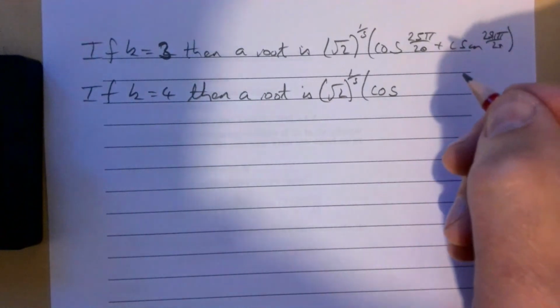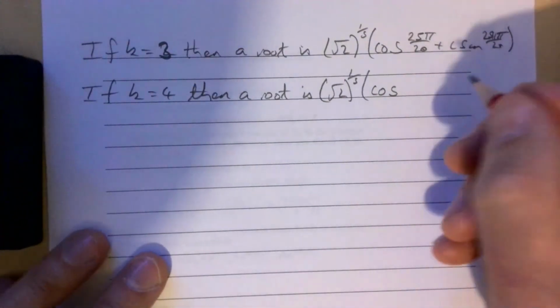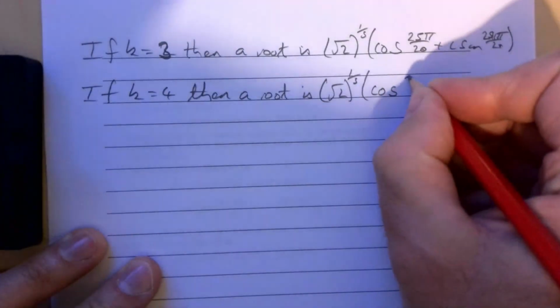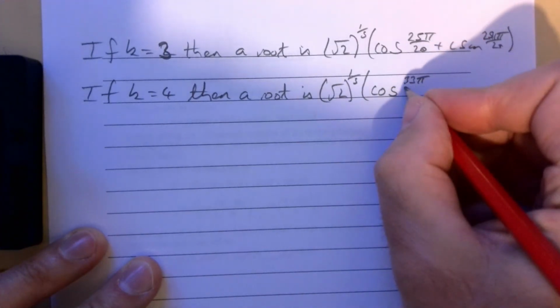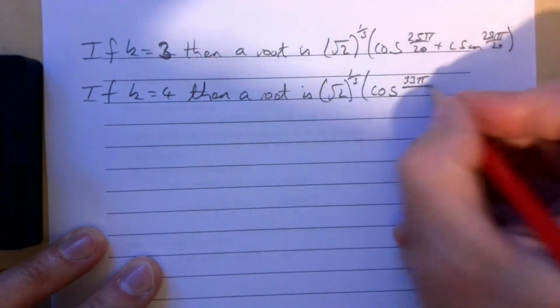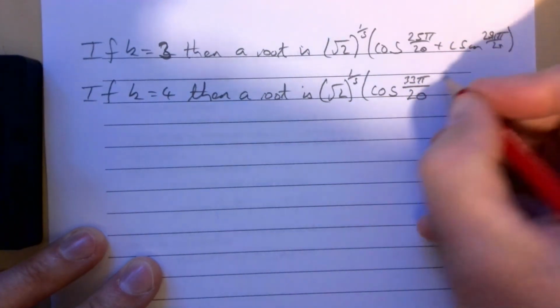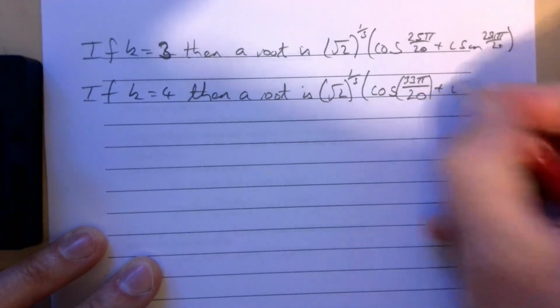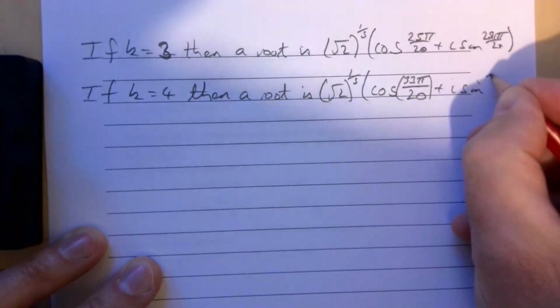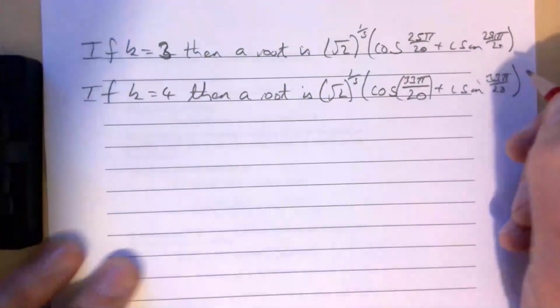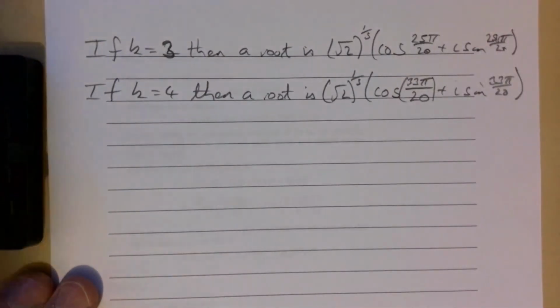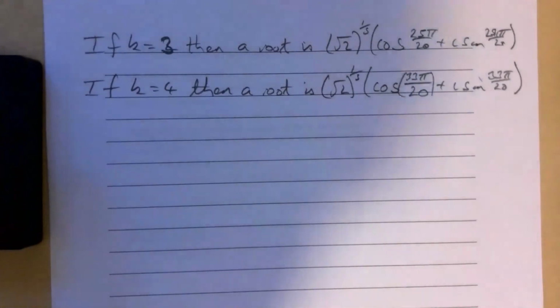So we have 8, 32, 33, is it? 33 pi over 20 plus i sine 33 pi over 20. And those then are our 5 roots.